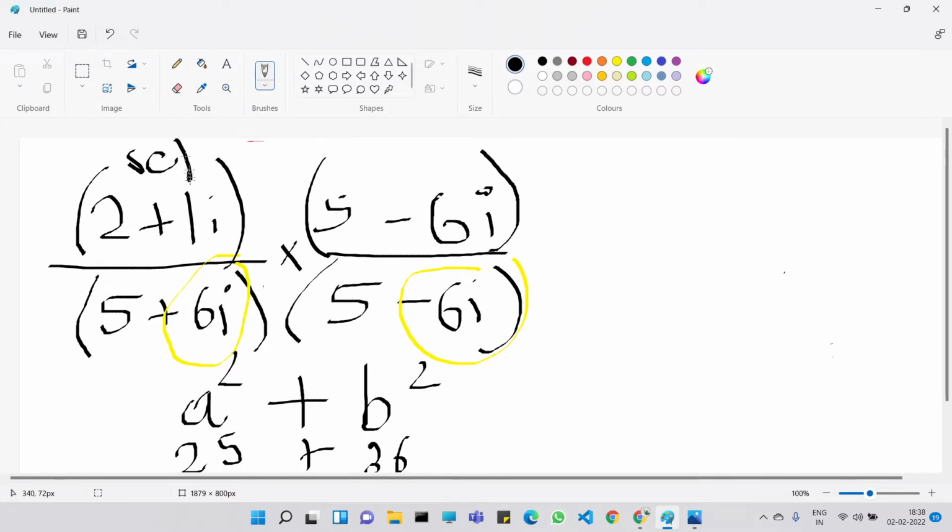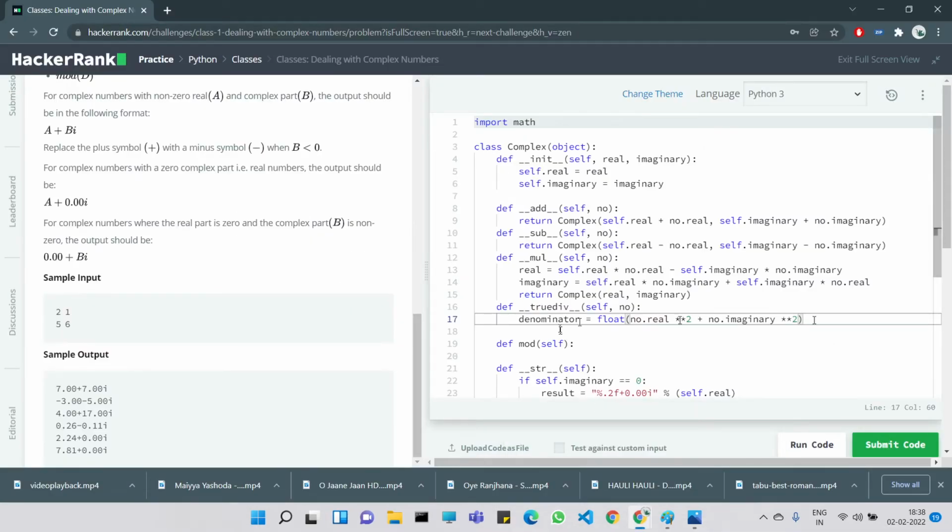This is going to be self, right? Self dot real, self dot imaginary, number dot real, and number dot imaginary, but the only difference is the imaginary got a negative number, so we can just call the same function with only one negative. So we can do that part too.